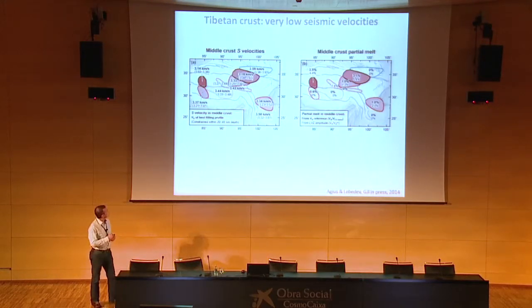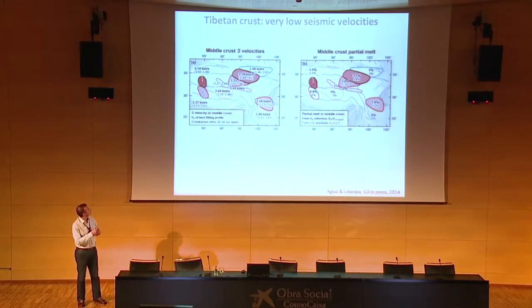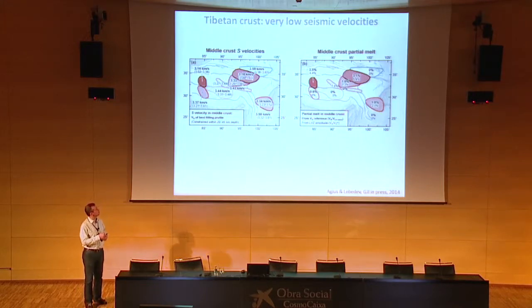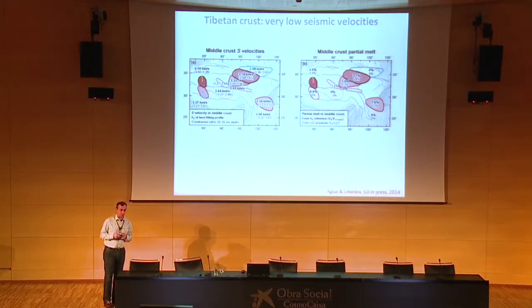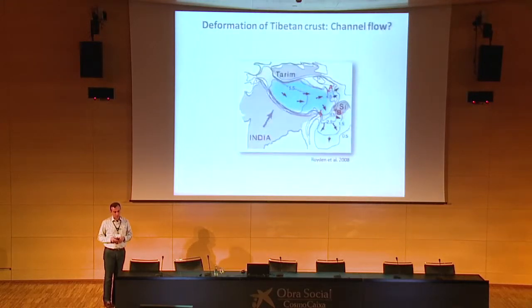So that's another way to plot it: low velocities in the south and very low velocity in the north. Even conservative estimates give substantial melting that should correspond to such low velocities. So what this implies is that the viscosity is likely to be very low in these rocks. So there are conditions for channel flow.